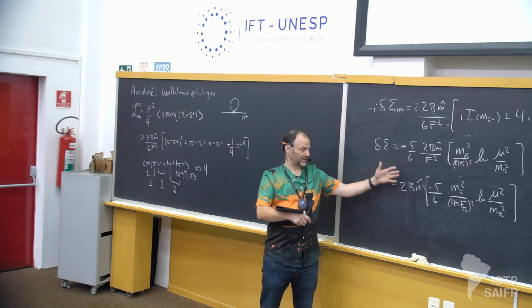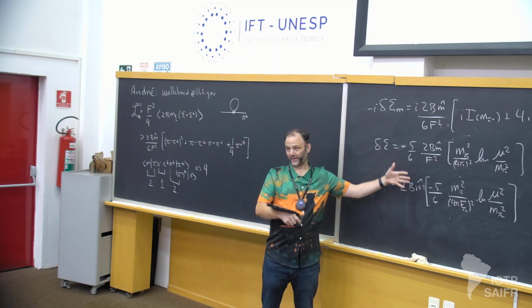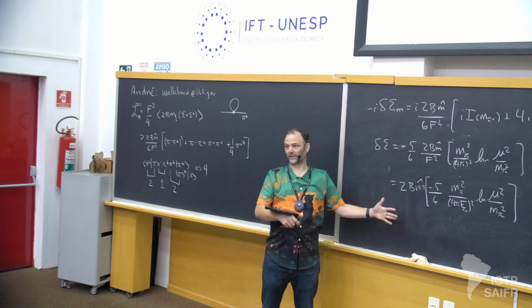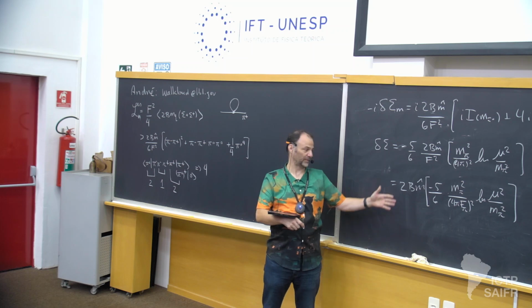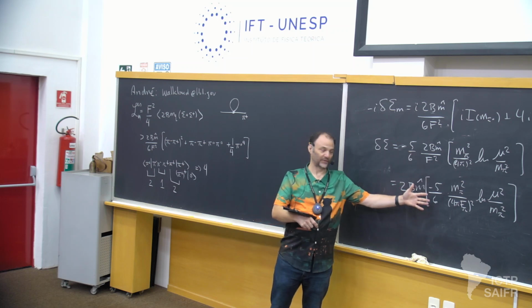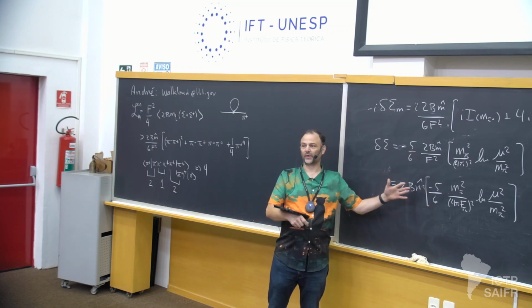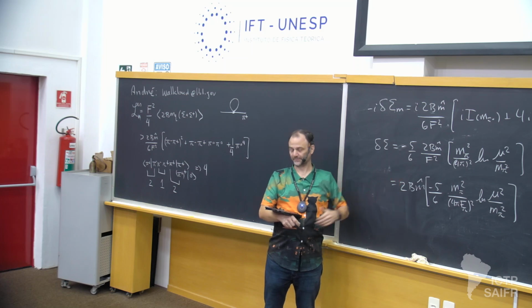So this renormalization demands that we add a higher order operator to the theory. That's one of the things that happens in effective field theory. You have to add higher order operators. We expected it anyway, but this tells you if you want to renormalize the theory consistently, you have no choice but to add a higher dimensional operator.